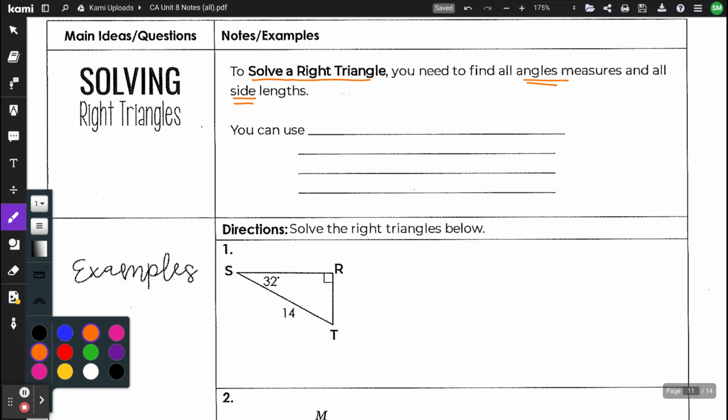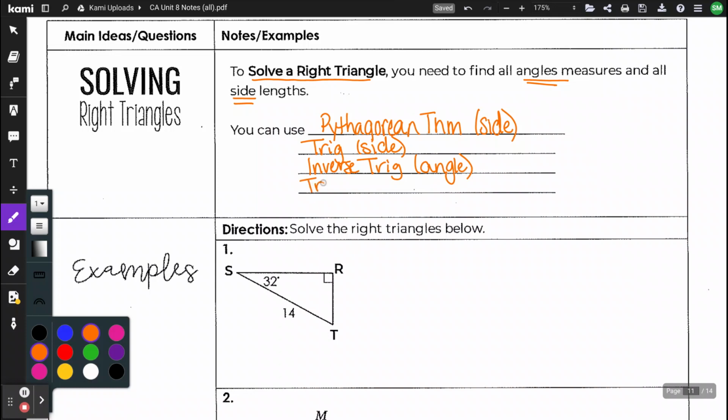Okay, things that you can use, I kind of just listed off some of them. We can use Pythagorean theorem. That's going to give you a side length. We can use trig. That's also going to give you a side length. You can use inverse trig. That's how we solve for an angle.